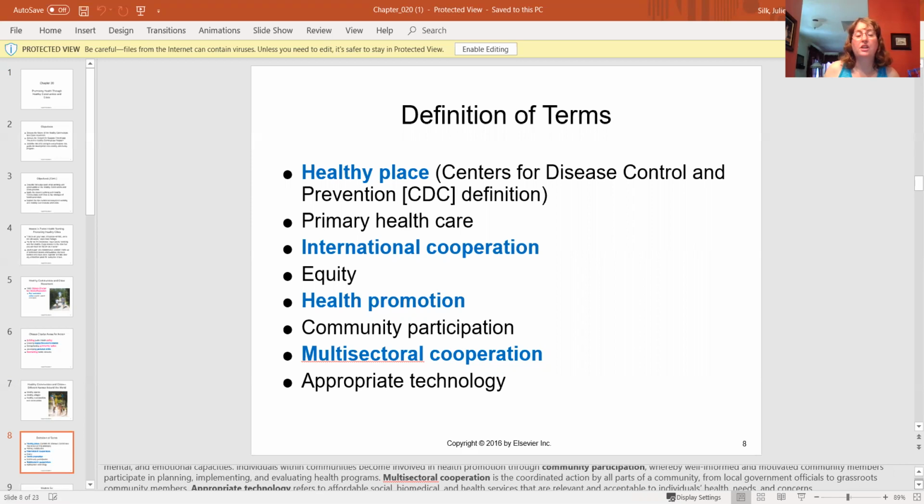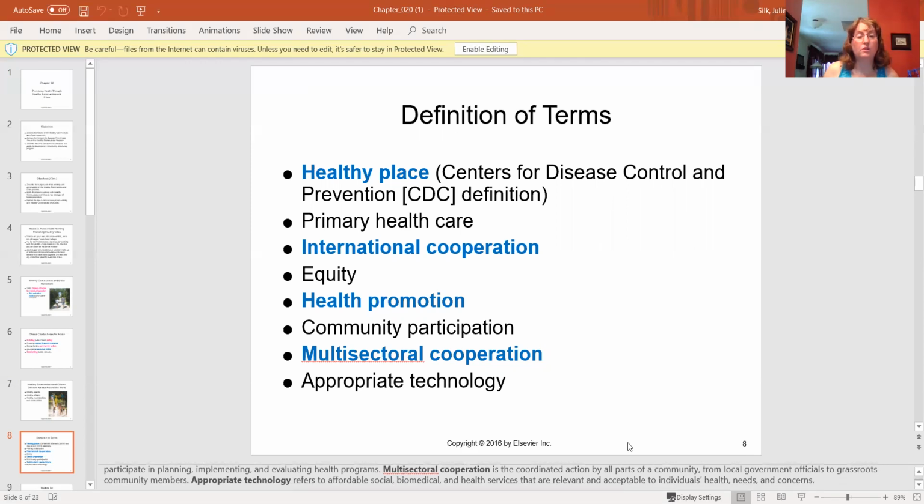Multi-sectoral cooperation is the coordinated action of all parts of a community, from local government officials to grassroots community members. Appropriate technology refers to affordable social, biomedical, and health services that are relevant and acceptable to individuals' health needs and concerns.